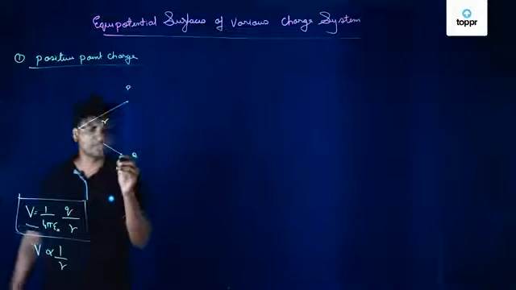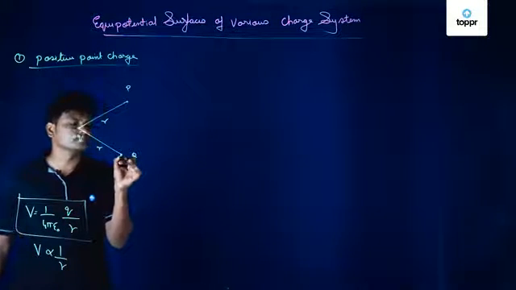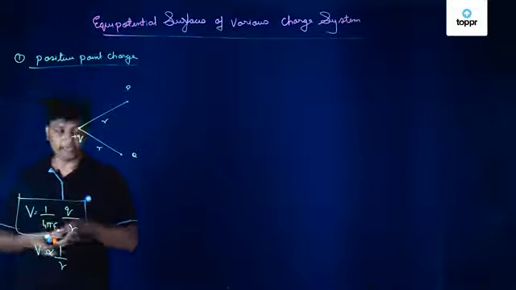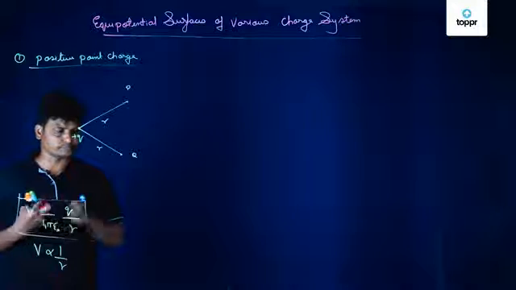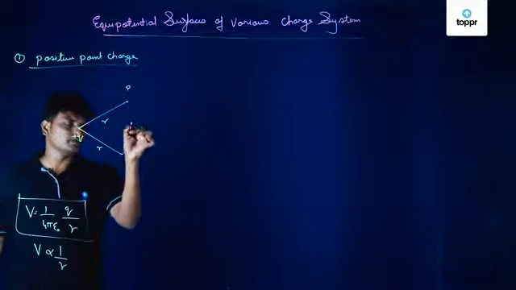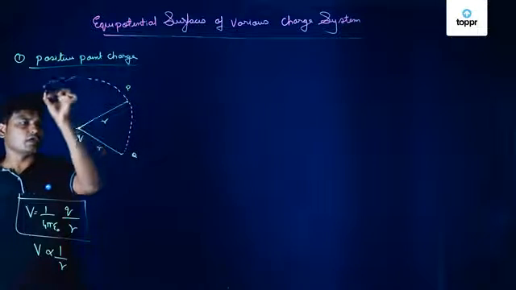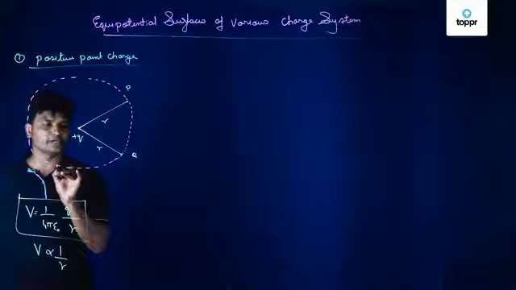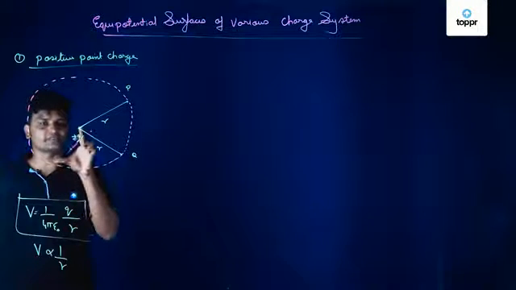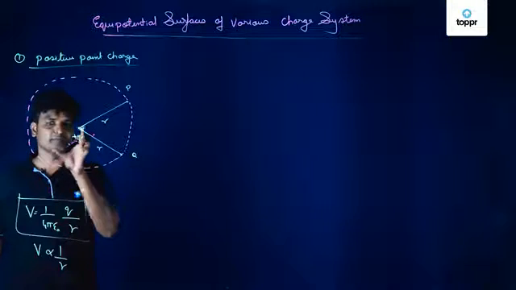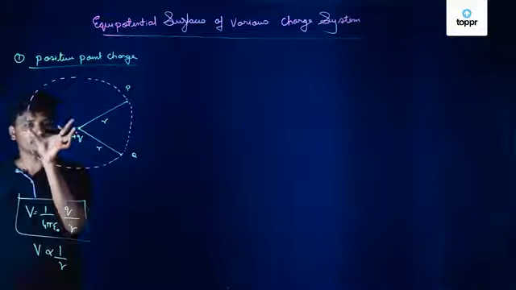So imagine a sphere. This is a three-dimensional sphere. Now along this sphere, if you find the potential at this particular point, it is located at the same distance r, so the potential will be the same. At this point, the potential will be the same.